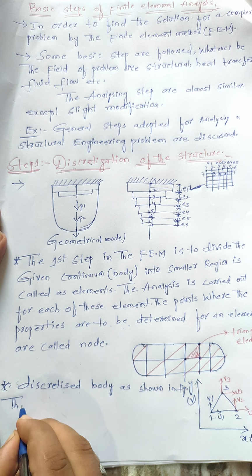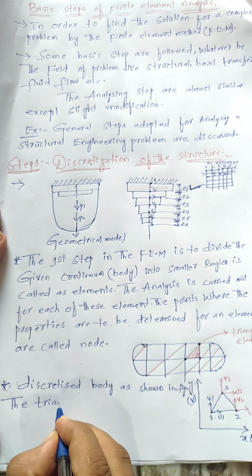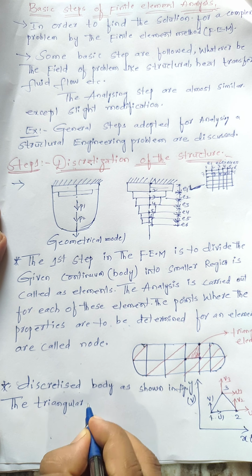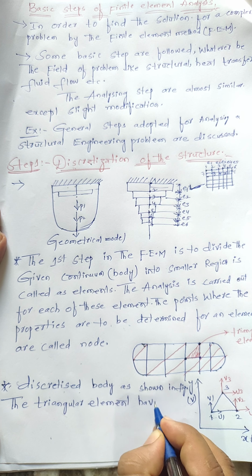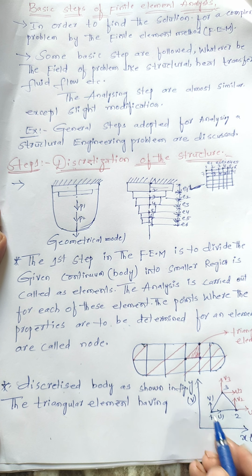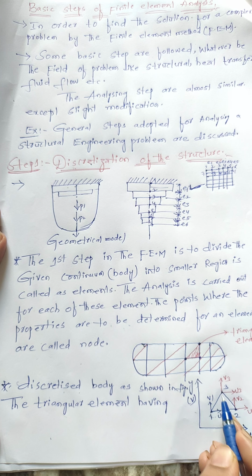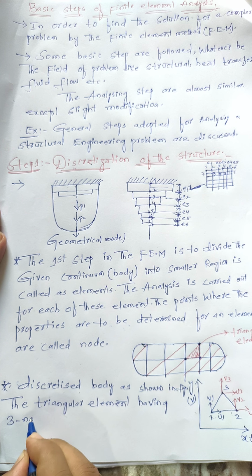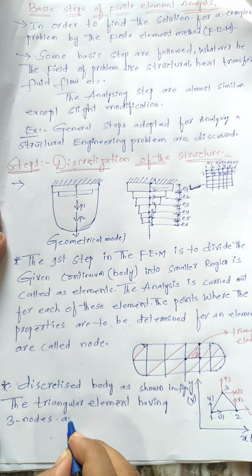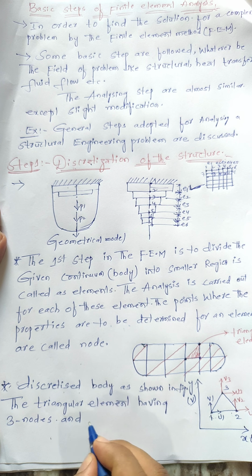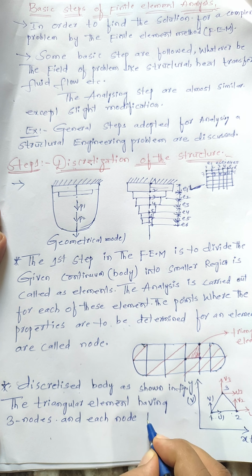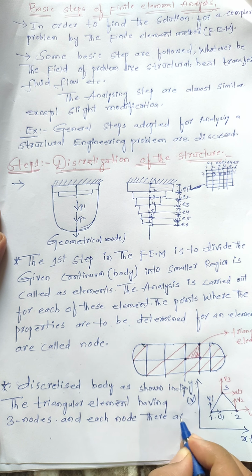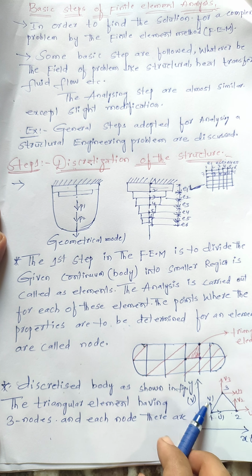The triangular element has how many nodes? 3 nodes: first, second, third. And each node has how many degrees of freedom? 2 degrees of freedom.